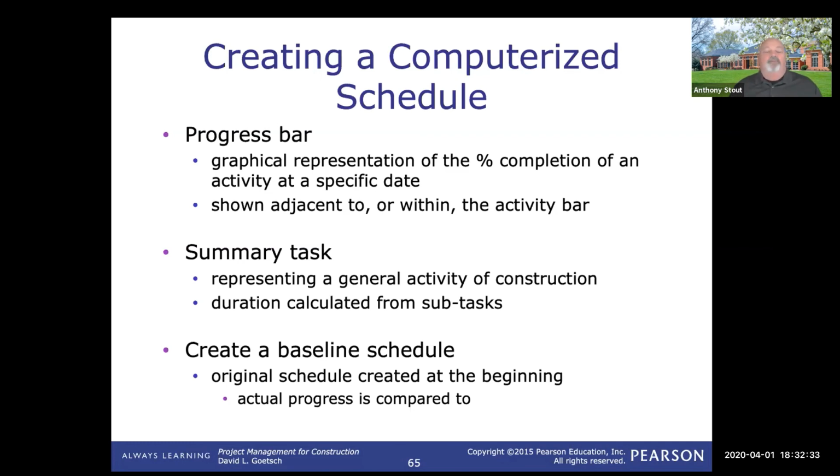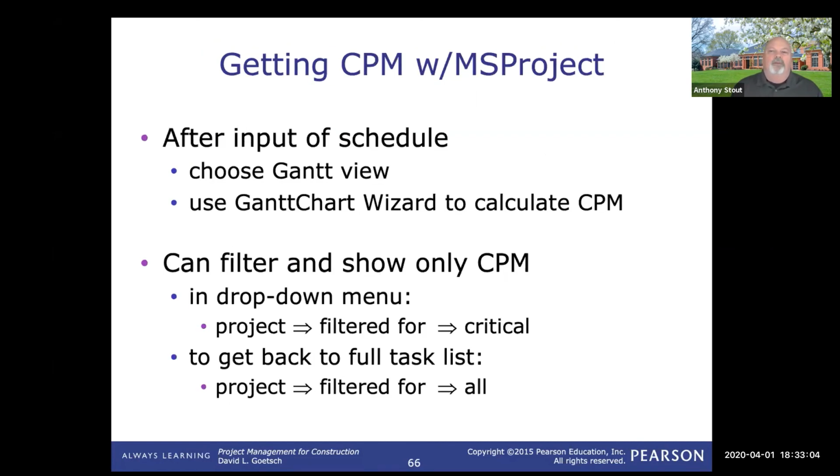If something happens, for instance, like this COVID-19 pandemic, and I had to stop construction, I won't necessarily want to penalize the construction company for missing the scheduled deadlines. What I would do is go back and reset those start dates or deadlines and then re-baseline and say, okay, this is the new version that we're starting from and that we'll follow through. All right, so we're going to work primarily with the Gantt chart, as I said, and then we can also look at the critical path method as we want to.